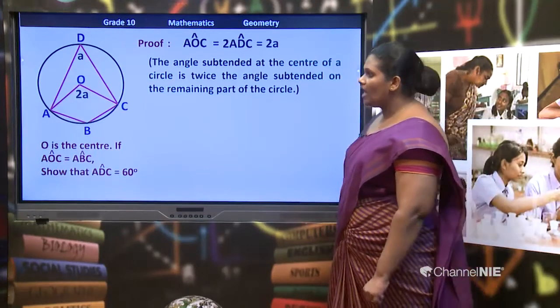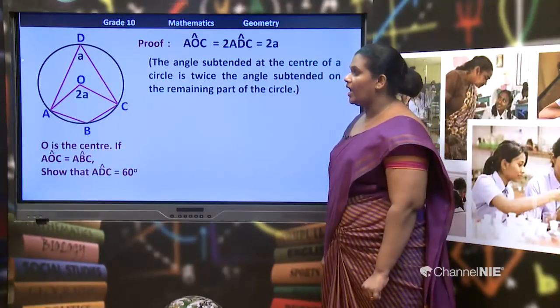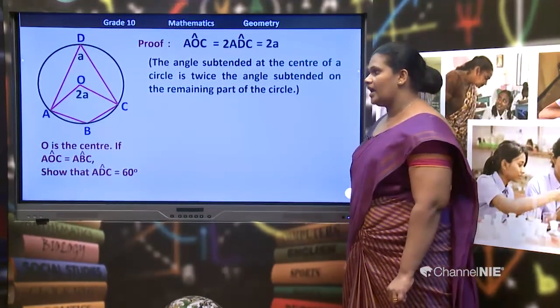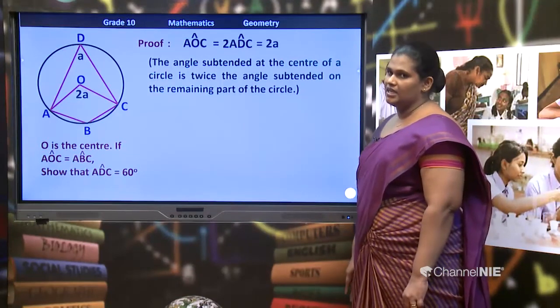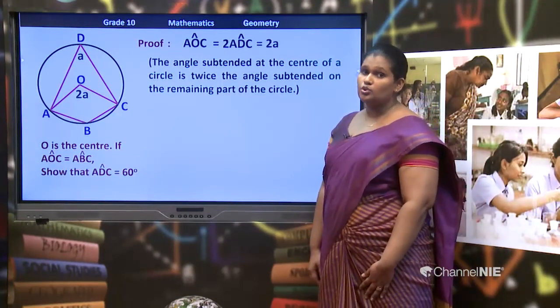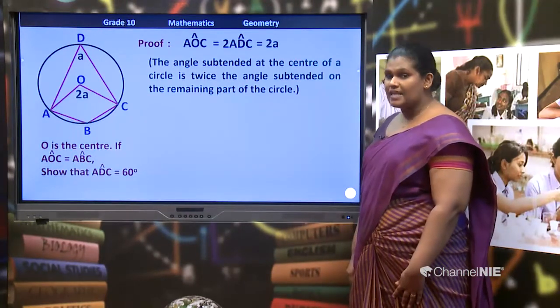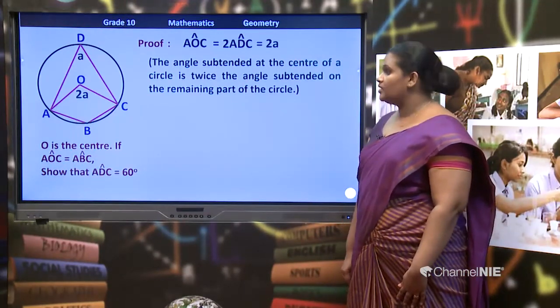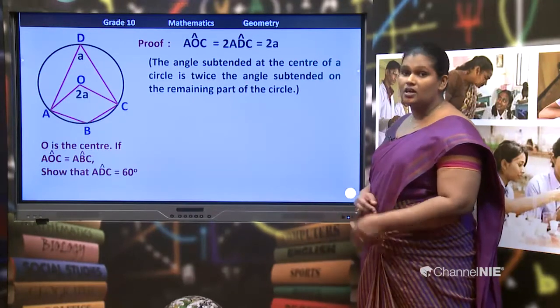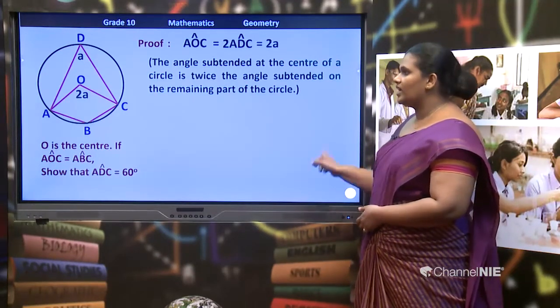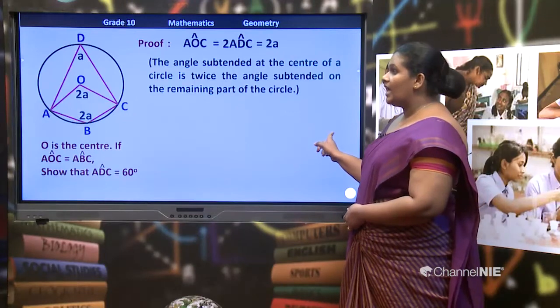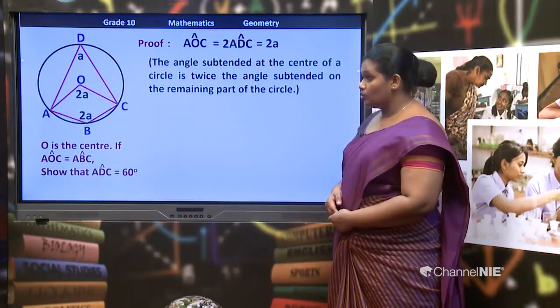Right. Now, have a look at angle AOC and angle ABC. What can you say about those two angles? Yes, those two angles are also the same in magnitude. The reason is that it is given in our question. So, we can say angle AOC is 2A.